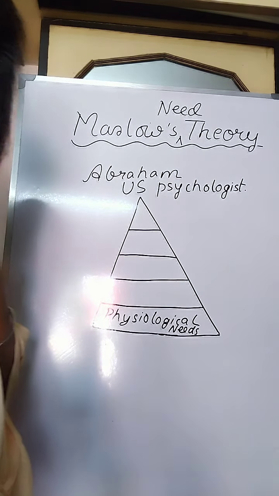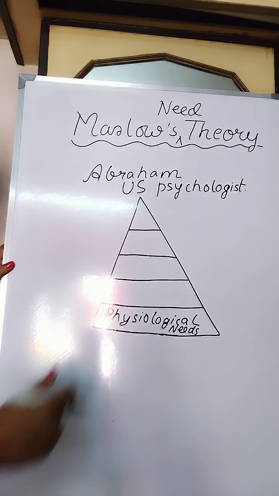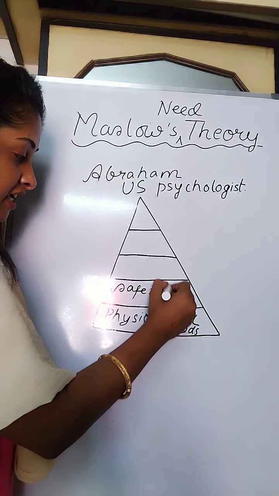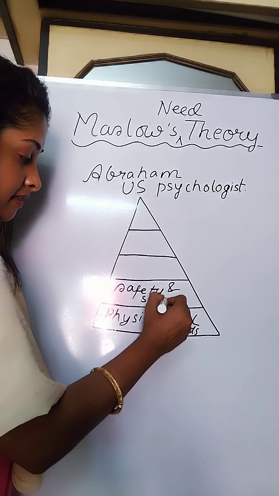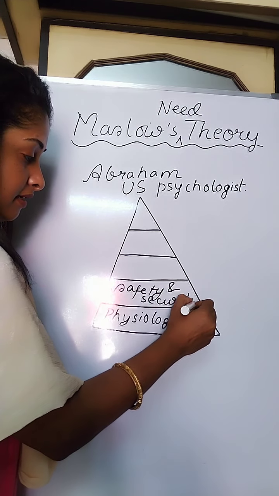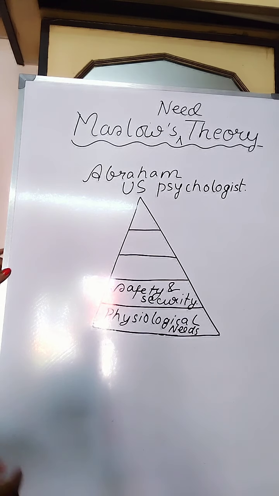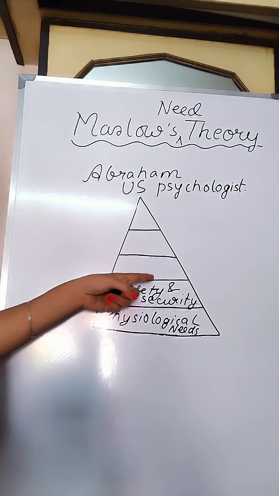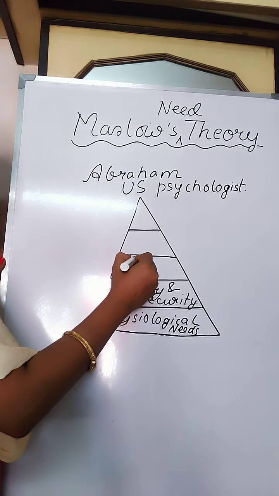After that come the safety and security needs, which a person desires. Then come the social needs.